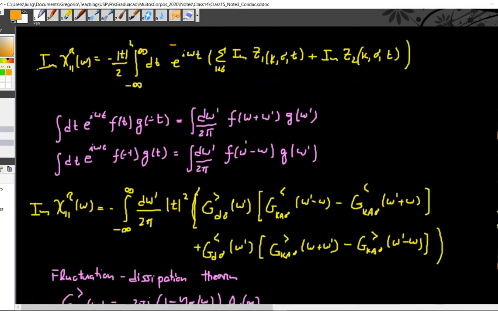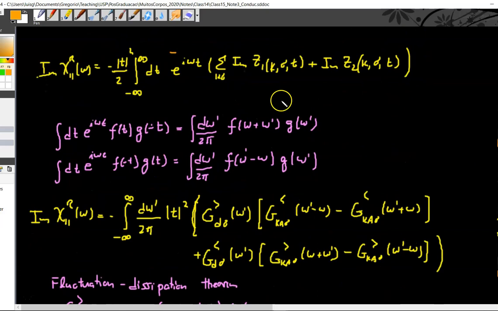All right? Once I do that, I can write my imaginary part of chi of omega as an integral in omega prime. There's going to be a t bar squared here.